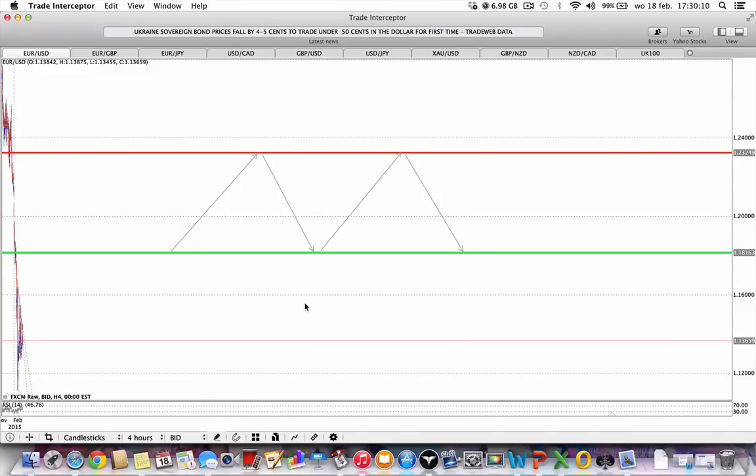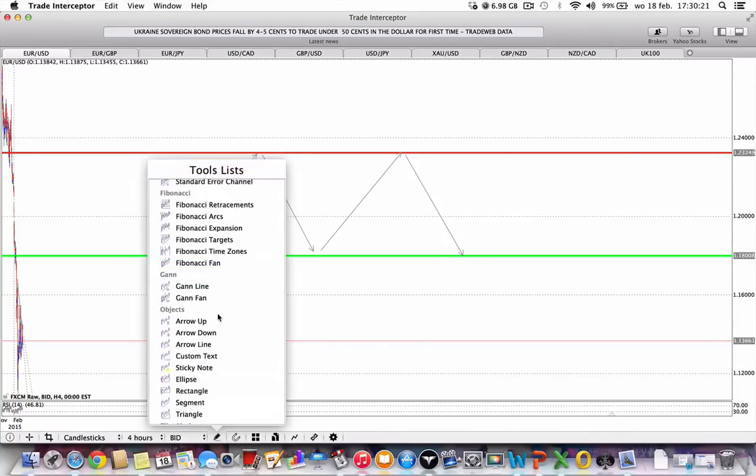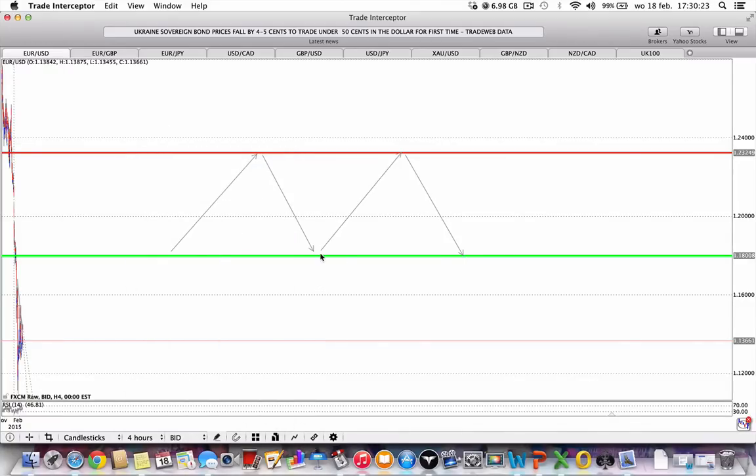So based on what we see, we can expect at this point that the markets will probably go back up. So in a perfect world, you would be buying when the markets are coming to this point, when they are going to hit support.